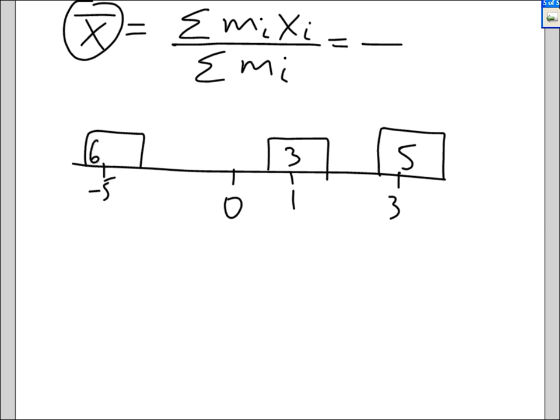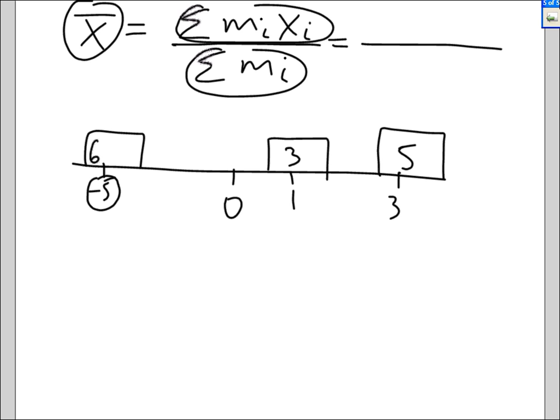Well, it's a division. You have to figure out what the numerator is, and you figure out what the bottom is. The bottom is easy: it's 6 plus 3 plus 5.